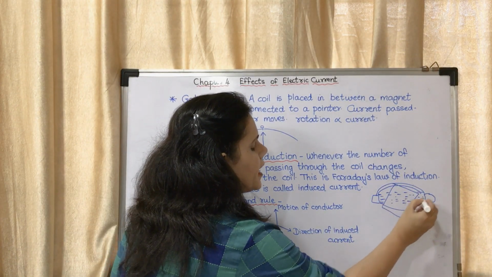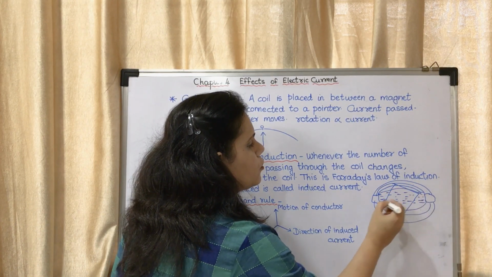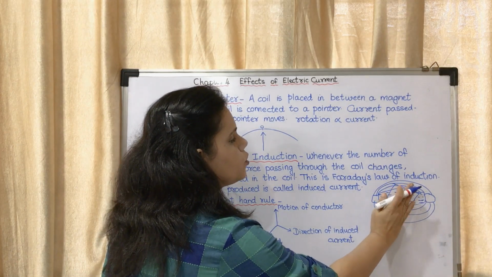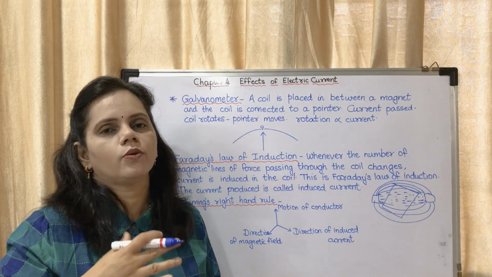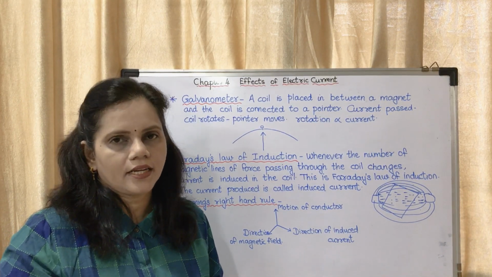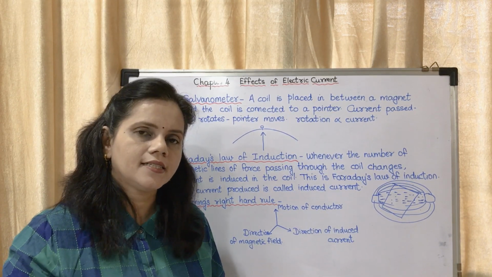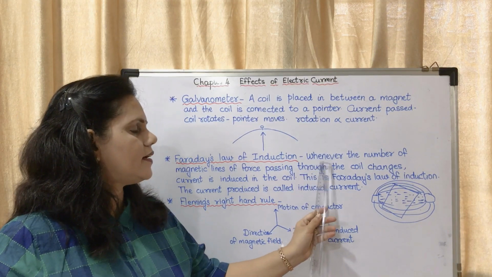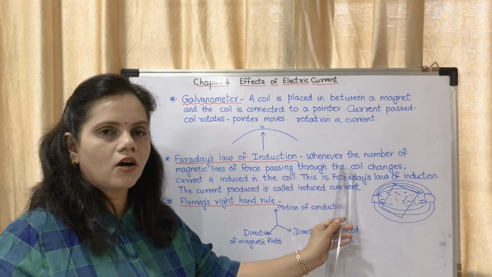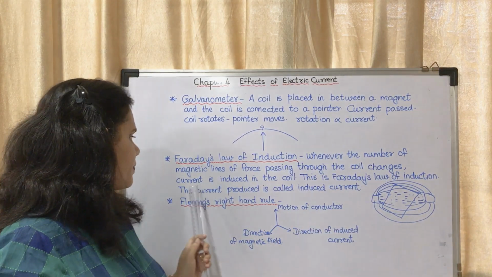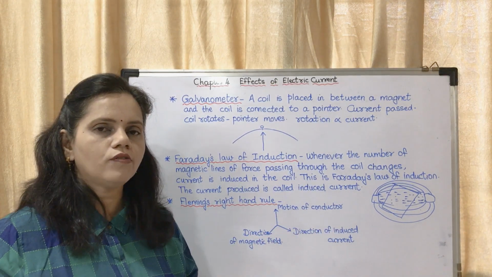Now when the coil is moving, some lines are going through it, some lines are going out of it. As it is moving, the lines of force are being cut, increasing, decreasing. So whenever the number of magnetic lines of force passing through the coil changes, current is induced in the coil. This is Faraday's law of induction.